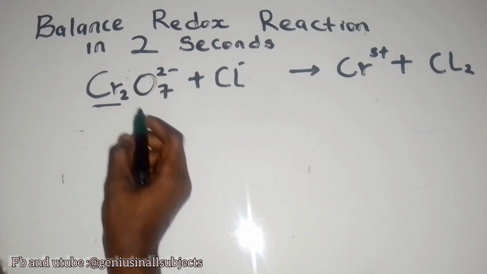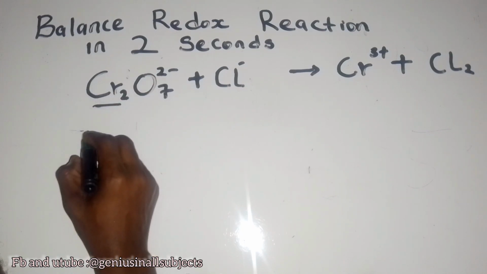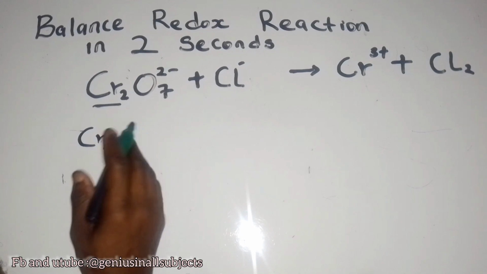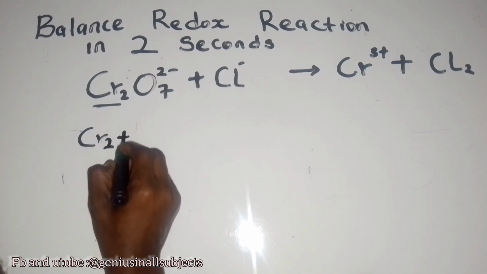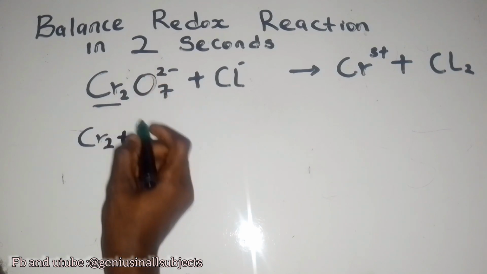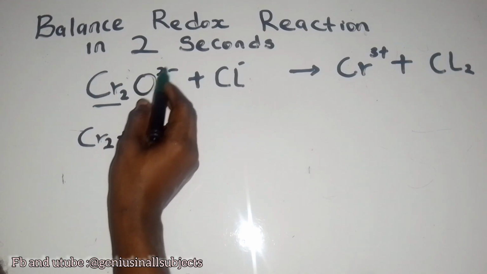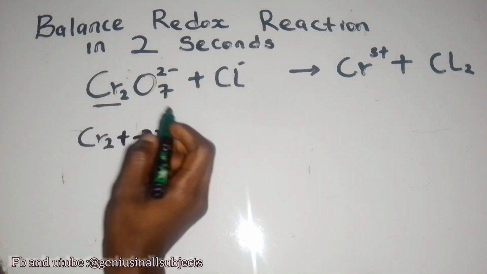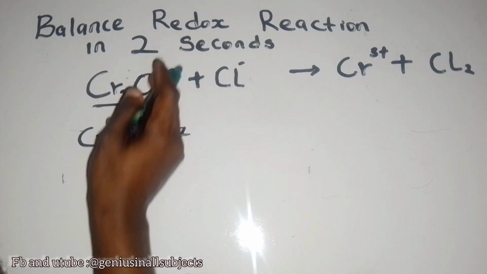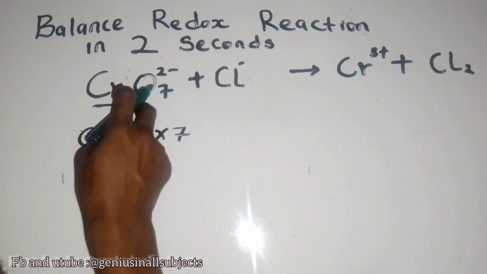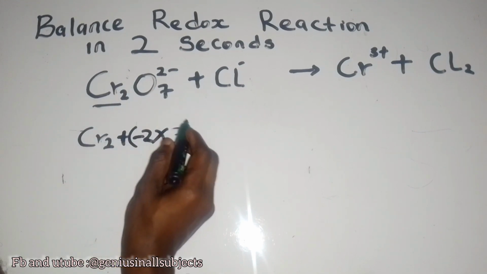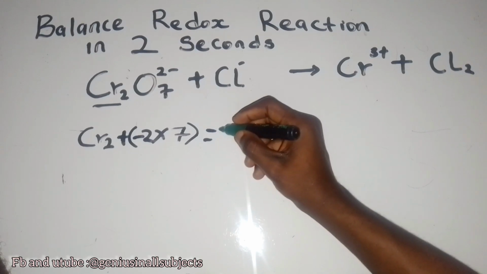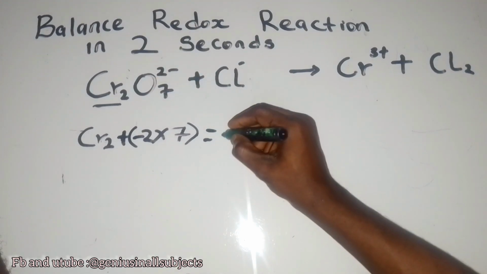First, let's find the oxidation number. Chromium plus oxygen, which is -2, times 7. The oxidation number of oxygen is -2, and everything is equal to the -2 here, which is the ion.